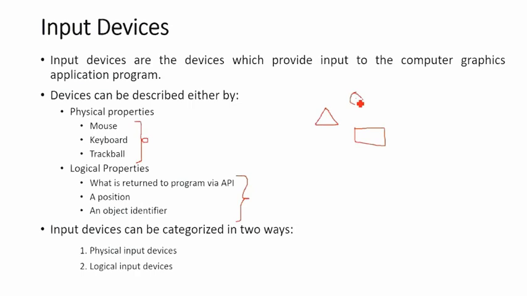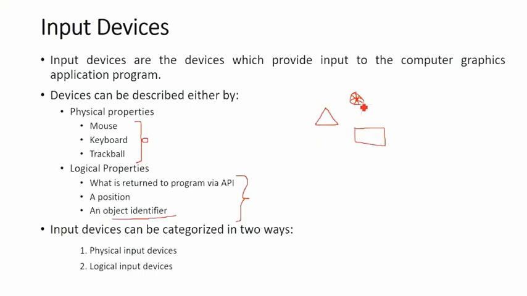I can pick it up by clicking on it. When I click on it, if this object has to be picked up, then the application program should be able to identify what object the mouse is pointing to. That can be the identifier of the object that the API is concerned about.